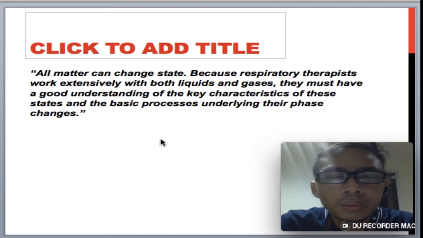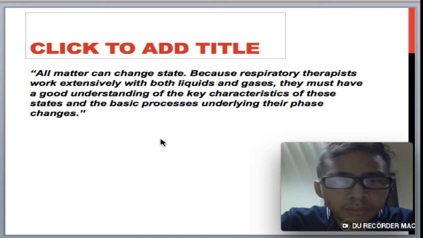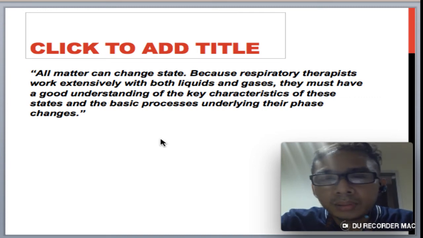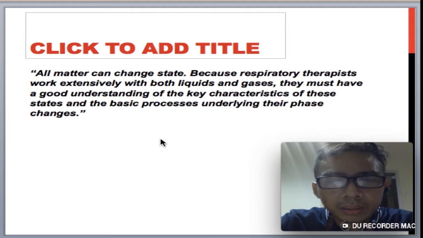According to your Egan's, all matter can change state, because respiratory therapists work extensively with both liquids and gases. So they must have a good understanding of the key characteristics of these states and the basic processes underlying their phase changes.